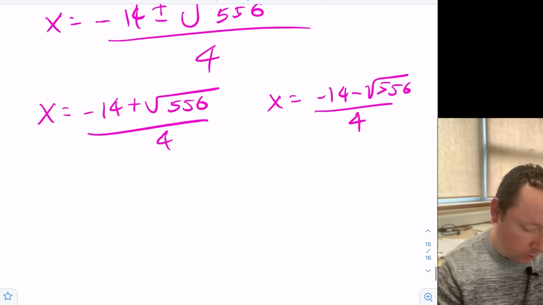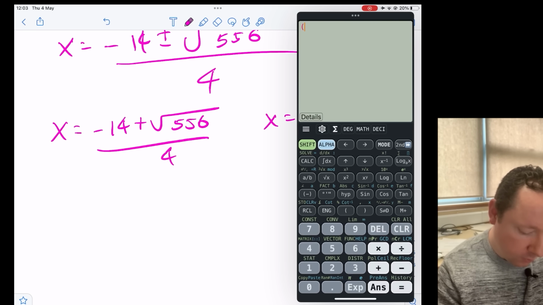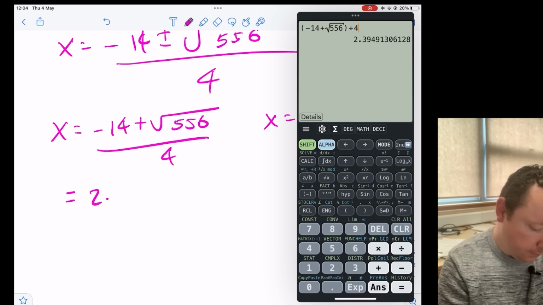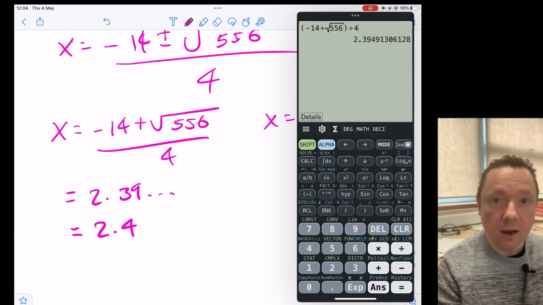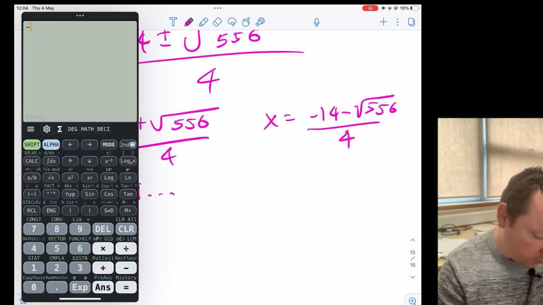So using our calculator for the first one, bracket minus 14 plus the square root of 556, all divided by 4 is 2.39, but to 1 decimal place, 2.4. And then for the other one, we've got minus 14 minus root 556 divided by 4.